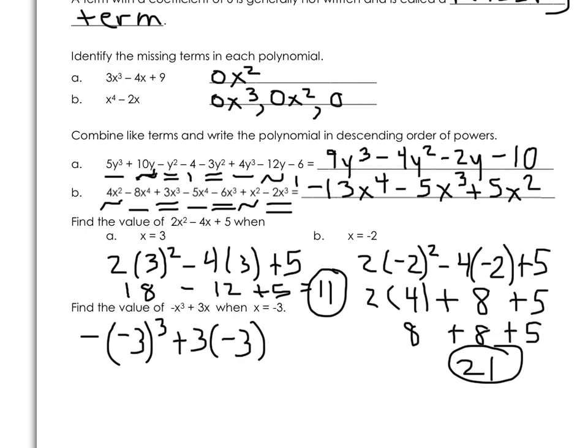Now negative 3 cubed is negative 3 times negative 3 times negative 3. That is negative 27 plus a negative 9. What about that minus a negative 27? That's the same thing as plus a positive 27. So 27 plus a negative 9 gives us a positive 18.